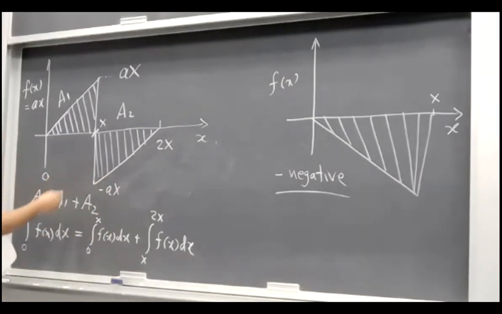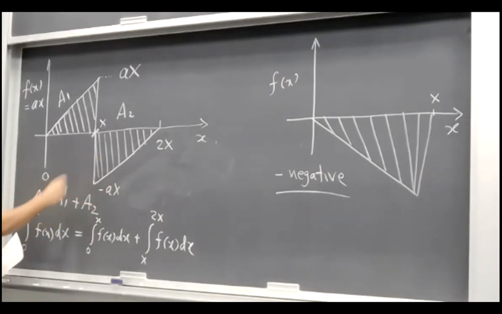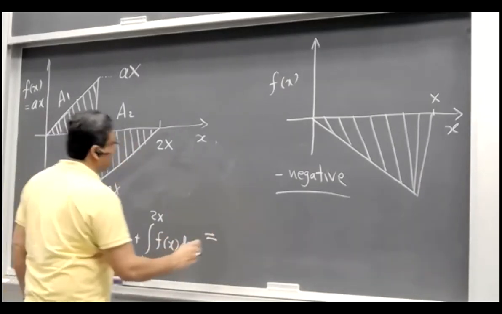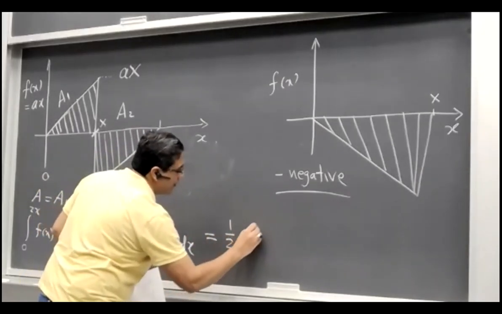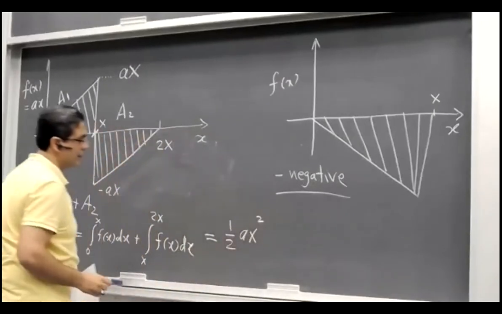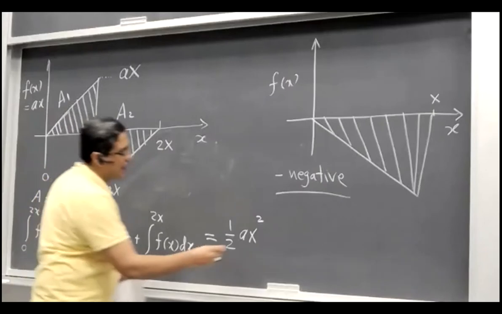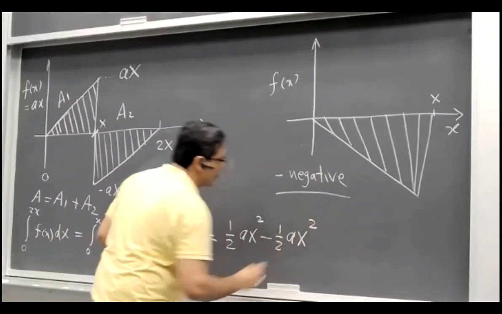And then if you apply the formula of the right triangle, in this case this value is negative. For the first triangle we would get simply half ax squared. However, for the second triangle we would get minus half ax squared.